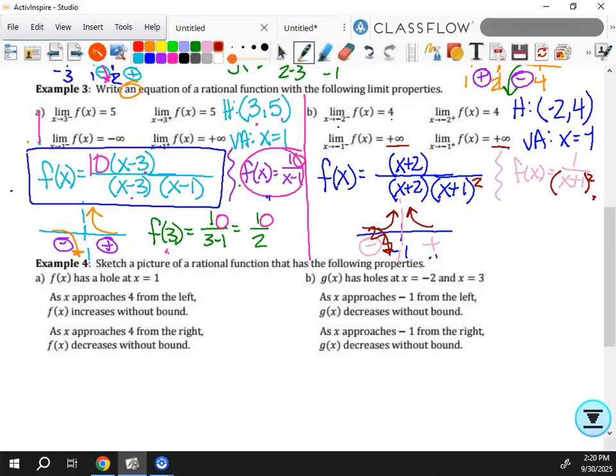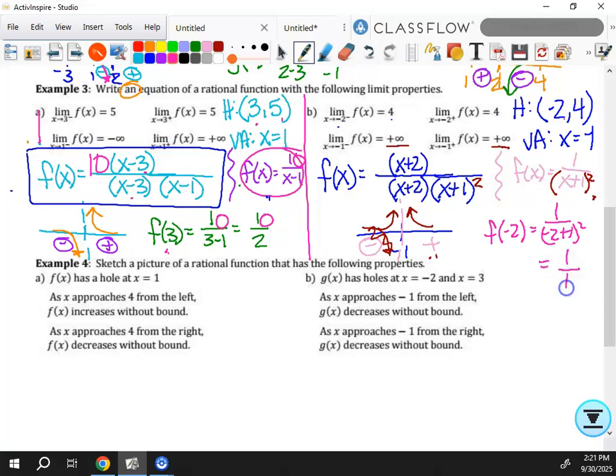Now, I need to check my output here. If I find f of -2, this would be 1 over (-2 plus 1) squared. Well, -2 plus 1 is -1, but I square it, so it becomes a what? 1.